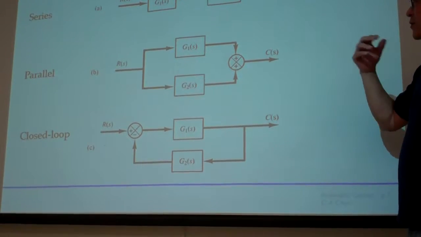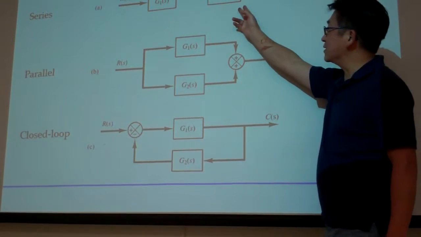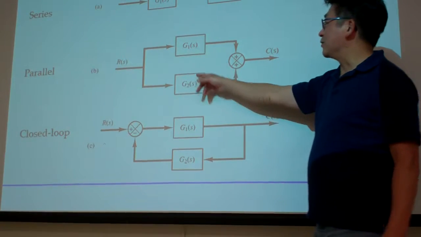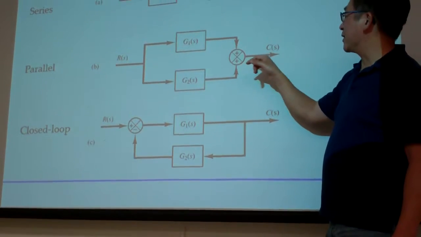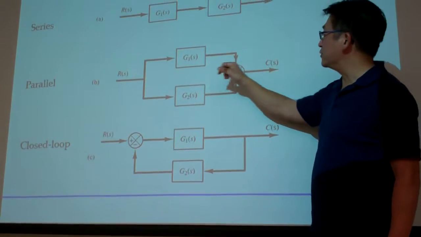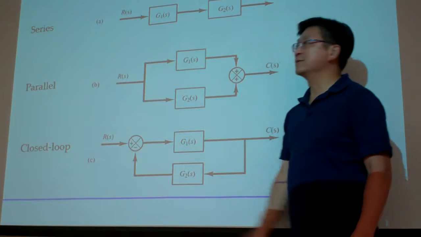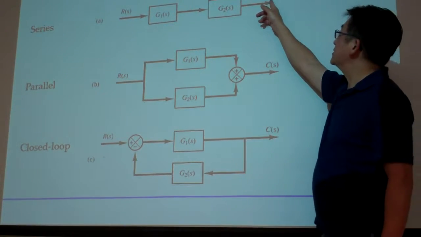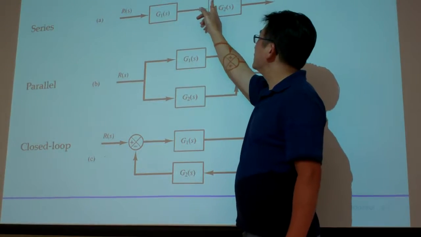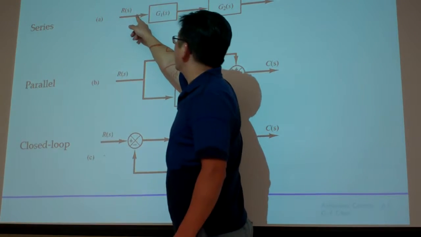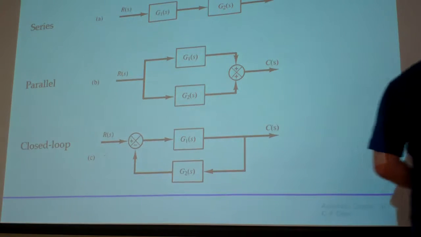But here, people like to classify, say this is for the series connection of two blocks, and those are the parallel. For example, C equal to G1 times R plus G2 times R. Okay. For this one, C equal to G2 times this, which in turn equals G1 times this. So then you write up here.